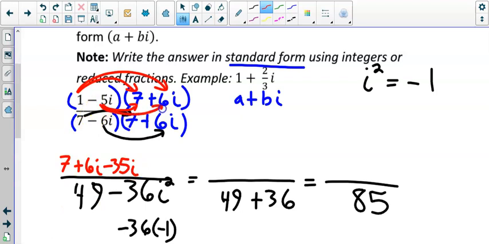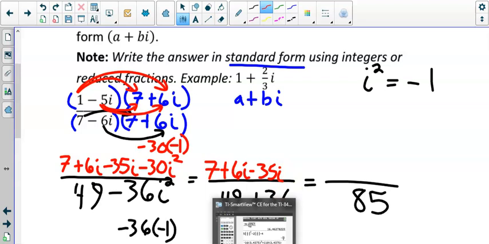And what's negative 5i times 6i? Negative 30 what? i squared. And again, what do we know about i squareds? They become a negative 1. So this is really a negative 30 times a negative 1. So on top, we have 7 plus 6i minus 35i. What's a negative 30 times a negative 1? Positive 30.